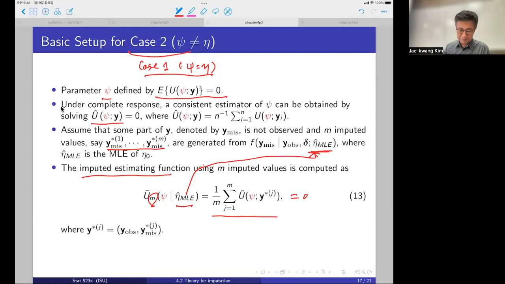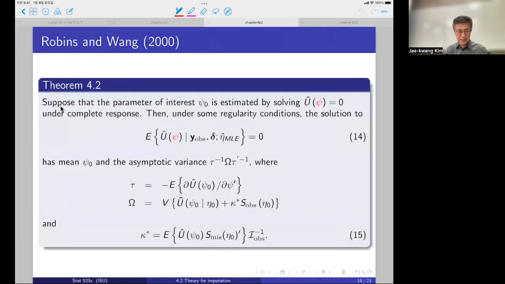The question is how to find the influence function and how to compute the variance, all these kinds of things. That is another paper in Biometrika, by Robins and Wang, who showed this result.